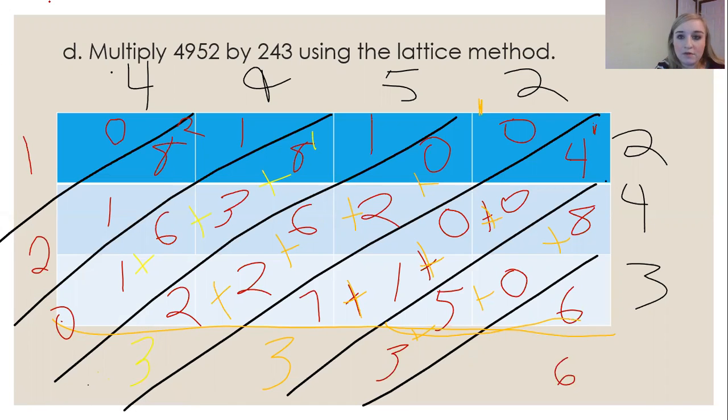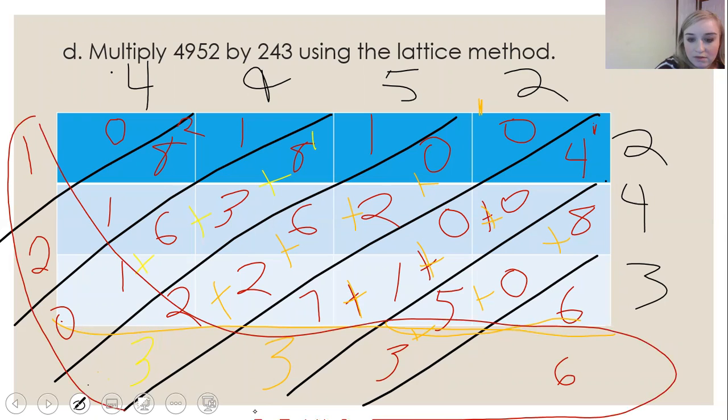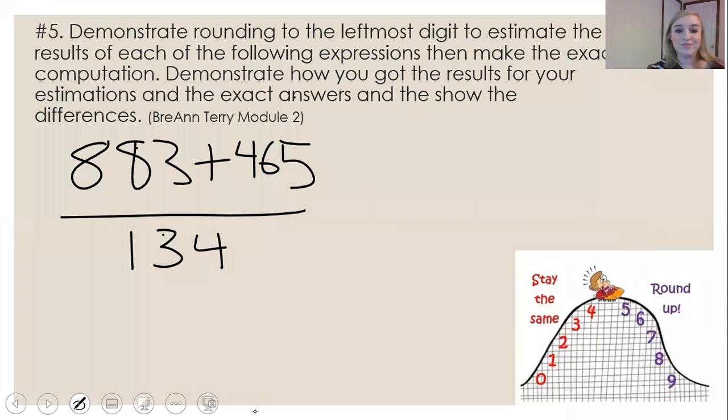So we have 1,203,036. That's really big. Okay, finally we're done with that.